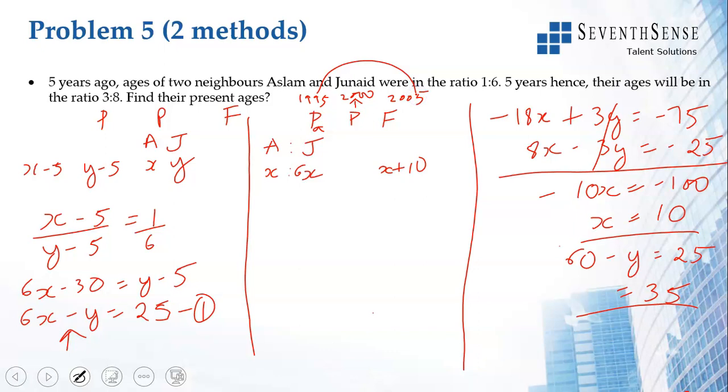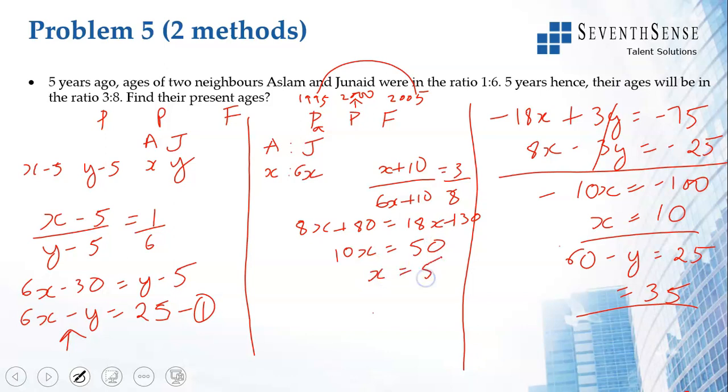So in the future, x plus 10 by 6x plus 10 is equal to 3 by 8. When you substitute, 8x plus 80 is equal to 18x plus 30, you get 10x is equal to 50, x is equal to 5.